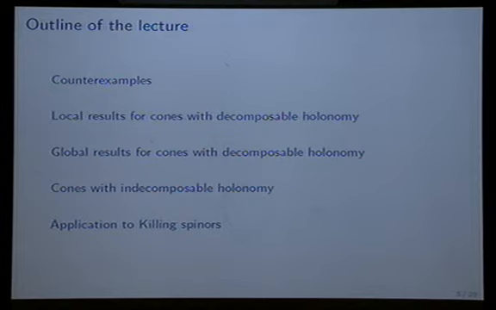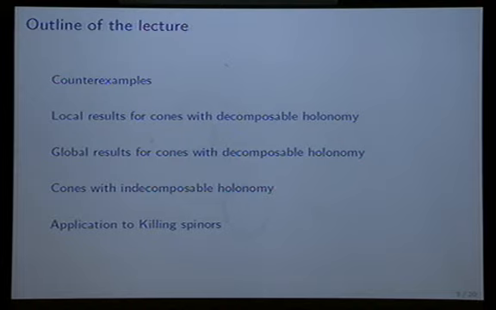And then I will apply some of the results to the study of manifolds with Killing spinors. In fact, this was one of the motivations for this analysis of holonomy of the cones. In fact, the basic ideas go back to Christian Bär's classification of complete Riemannian manifolds which admit Killing spinors.